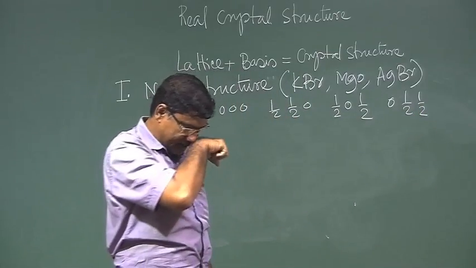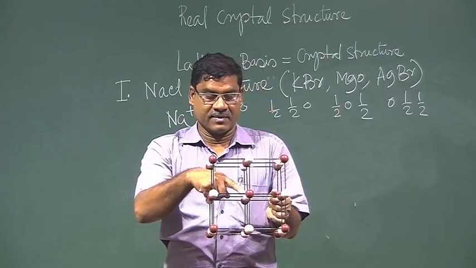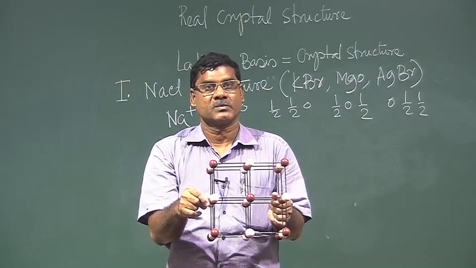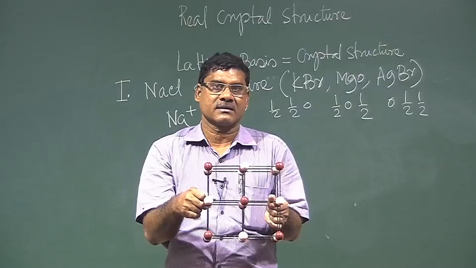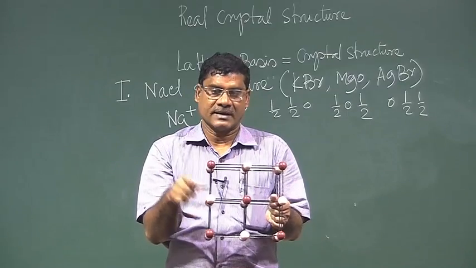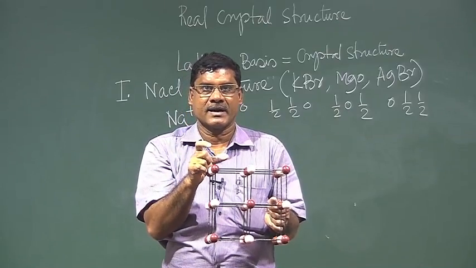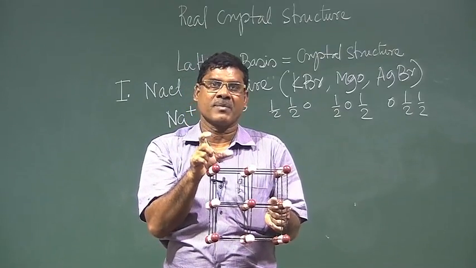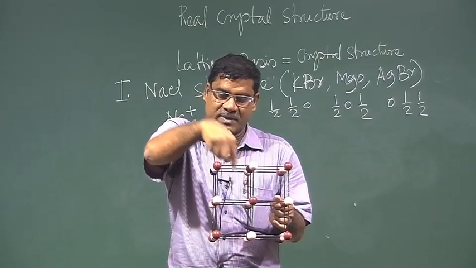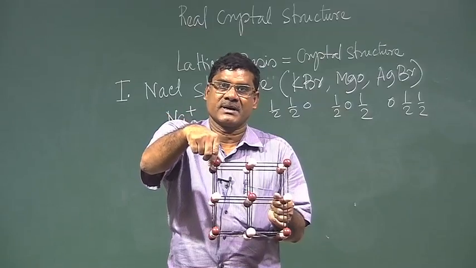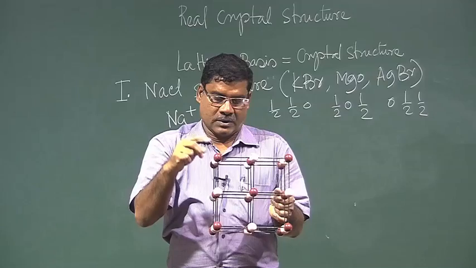So, the interesting thing here is the basis. Whether I take the basis on this or the other one, the basis is just the distance between the sodium and chlorine, which is basically half of the body diagonal. So this will be the chlorine for this, and this will be the chlorine for this.